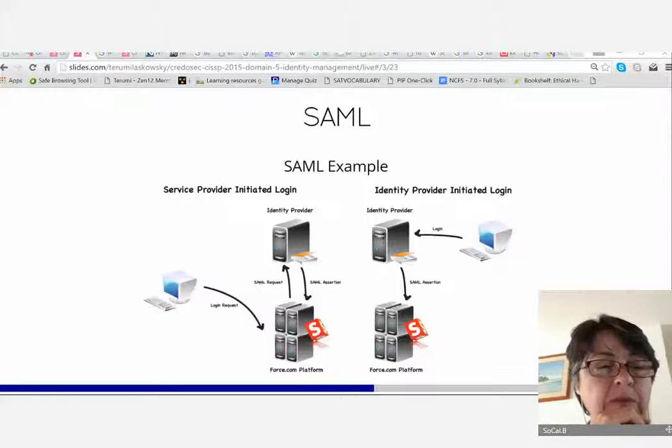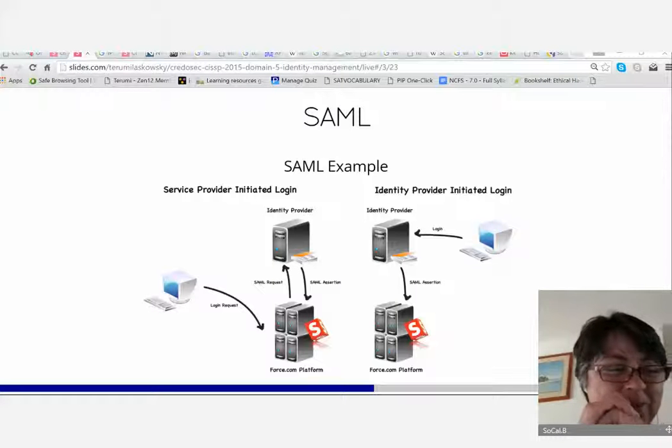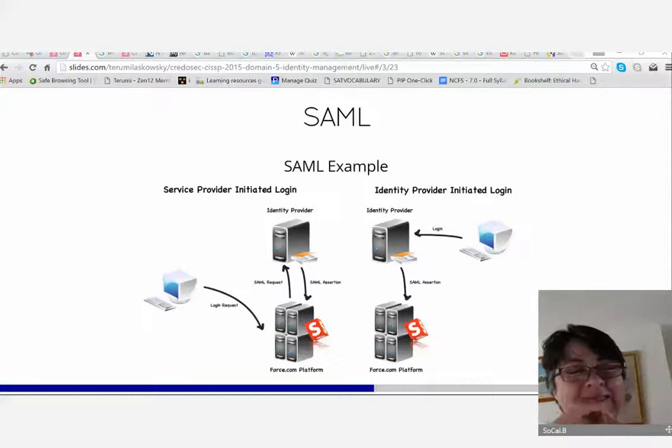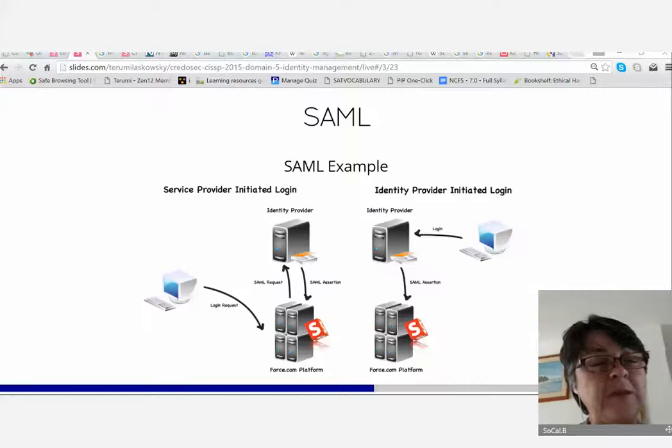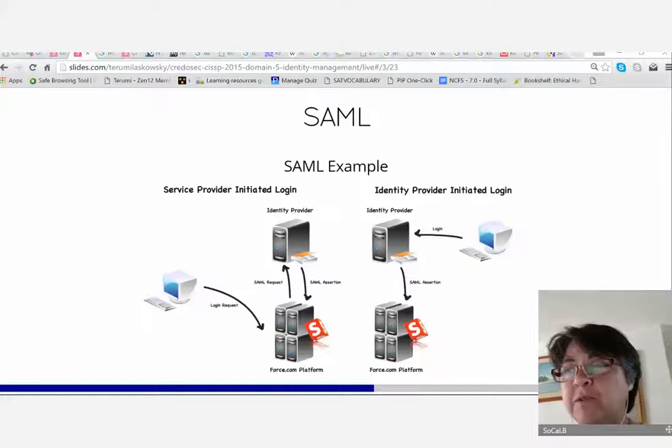So if a force.com intern messes up on onboarding company A, wouldn't it find out? Let's take a look at it. Let's say person A tries to log in, so it goes to force.com. And somebody really messes up the ADFS configuration, and you have company A and company B, two identity providers.